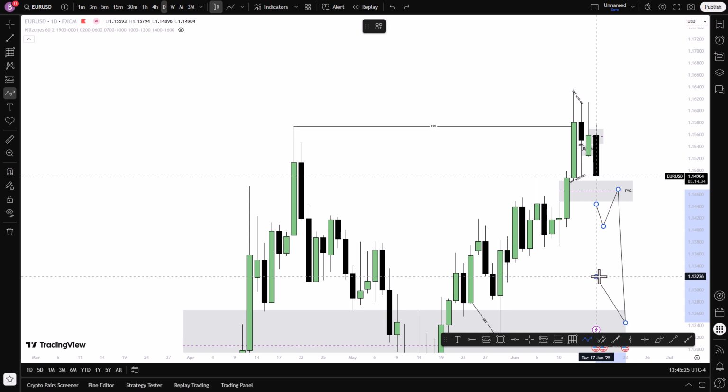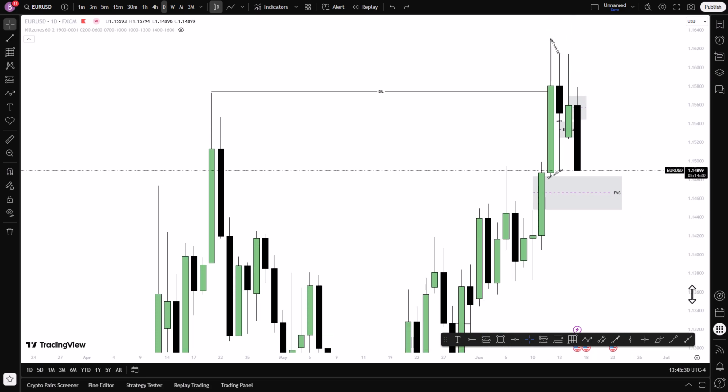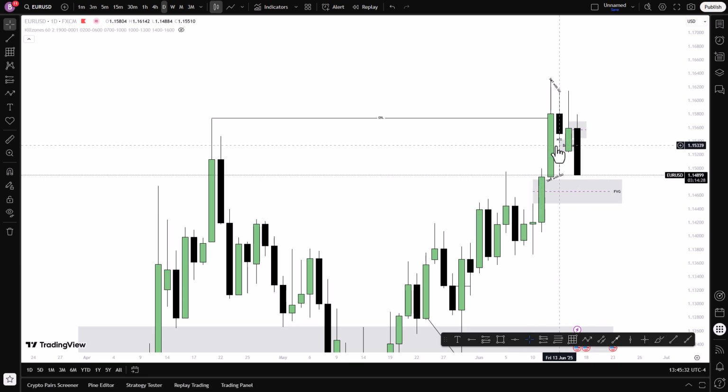But right now, what I want to see is price coming back into this down close candle, up close candle, and then for bearish prices up to this level, if the fair value gap has not been utilized.